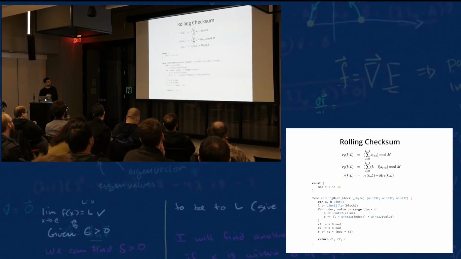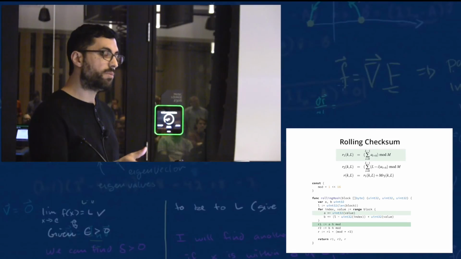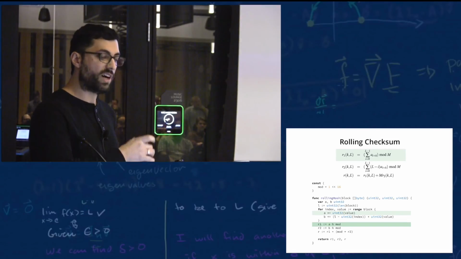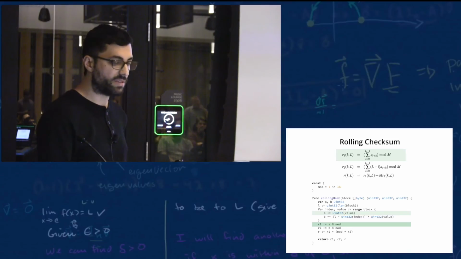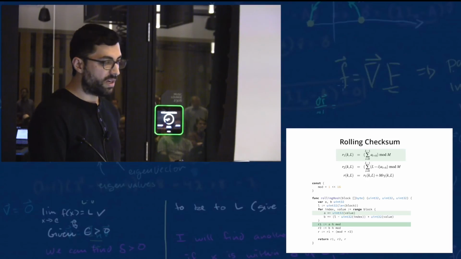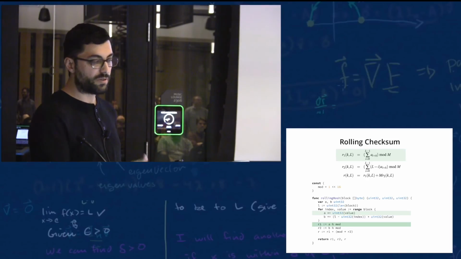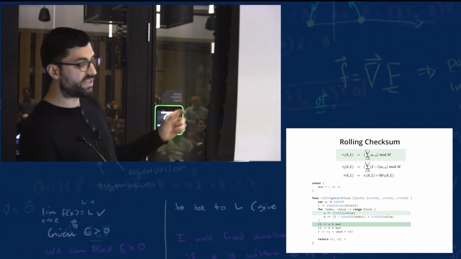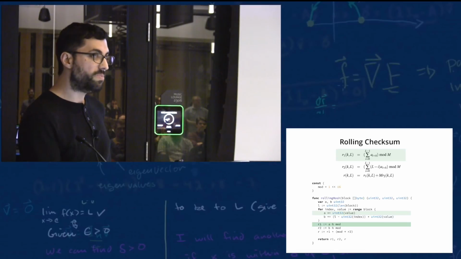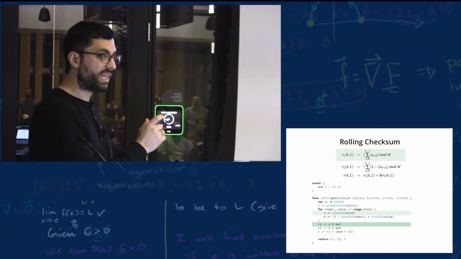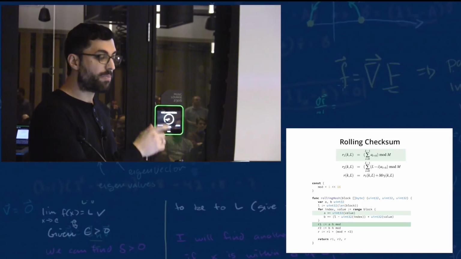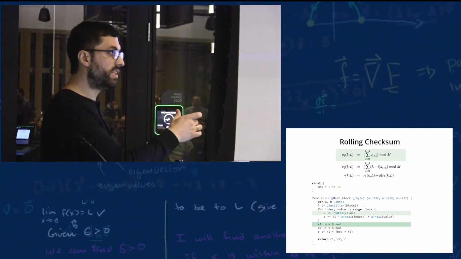Here's a function written in Go that implements the rolling checksum at block boundaries. R1 is basically the sum of all the block values truncated to a 16-bit number. R2 is the sum of the product of all values by their relative index within the block, which makes the signature dependent on the relative position of the block value.